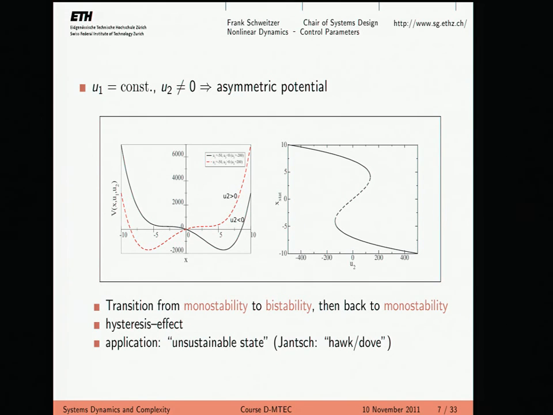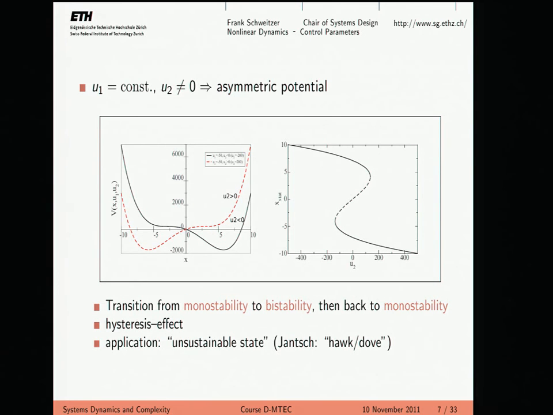So what happens? Don't look at the bifurcation diagram yet. Let's say we start from this point. We have this kind of potential, with a well which is almost destroyed here, and here we have our normal basin. You start with U2 at 200 and start to decrease it.